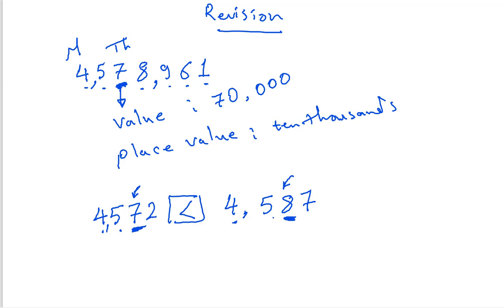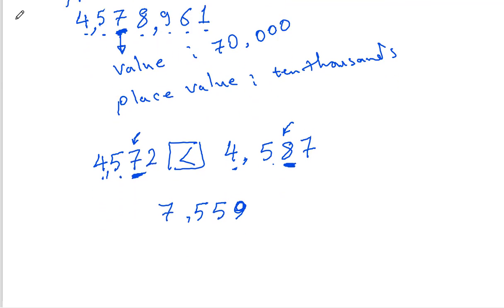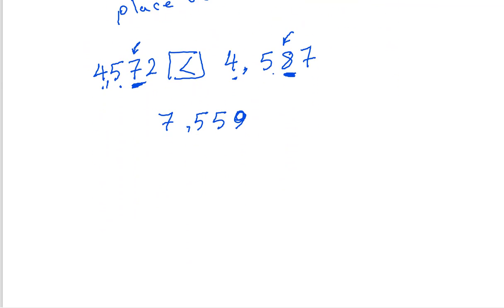Okay, remember also if you have a number like this, 7,550,559. What's the relation between the values of the 5s in this number?